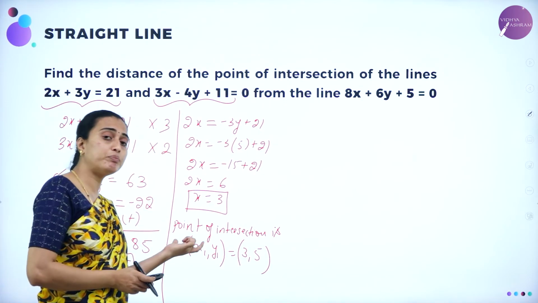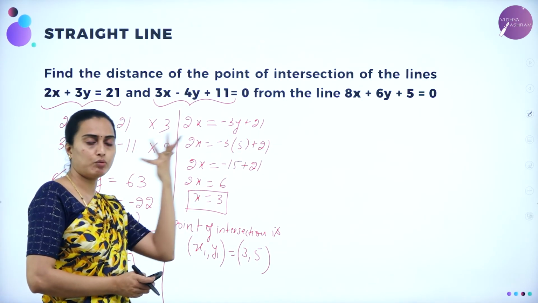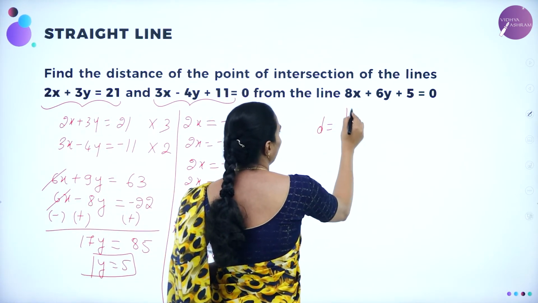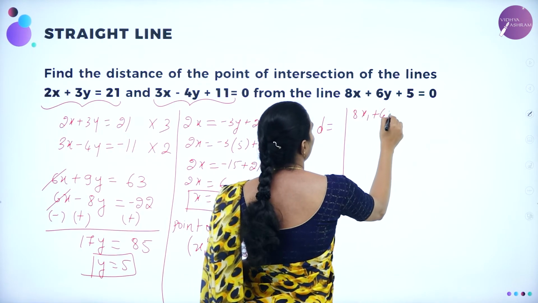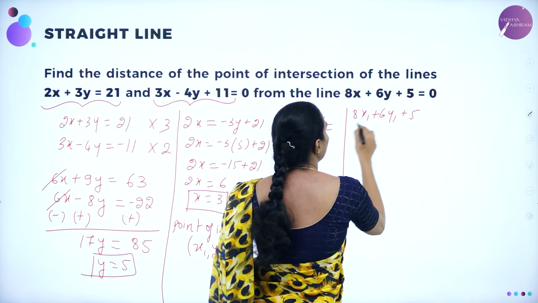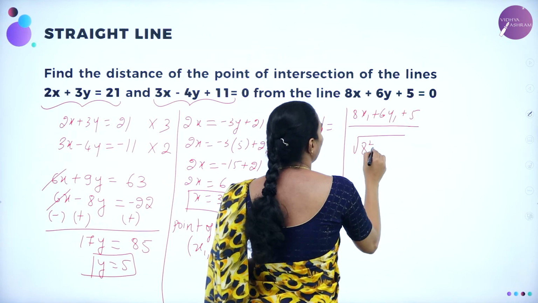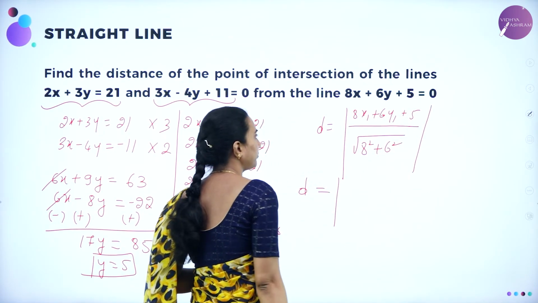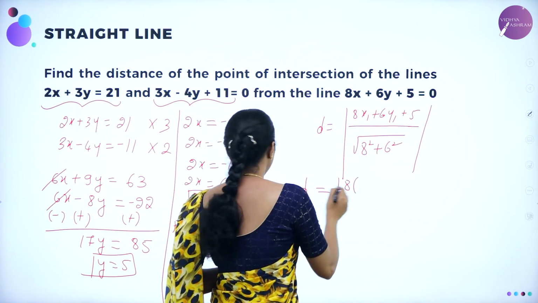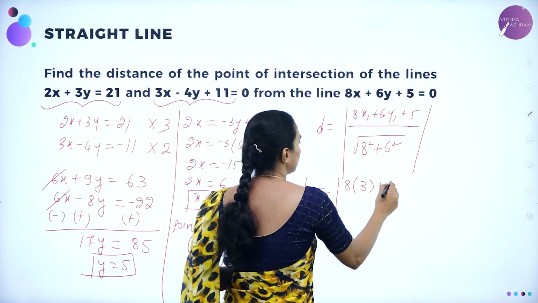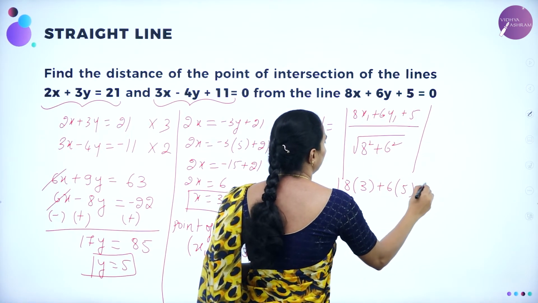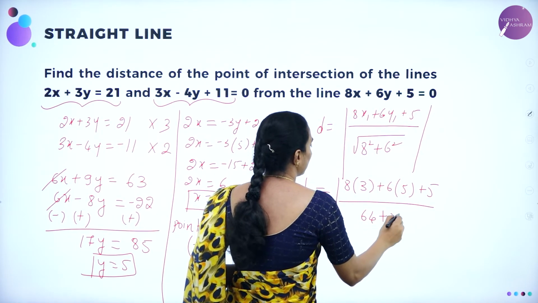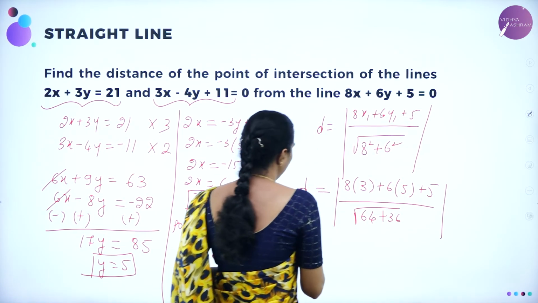Now here, from this point to a perpendicular line, what is the formula? D is equal to modulus of 8x1 plus 6y1 plus 5 divided by square root of 8 squared plus 6 squared, which implies D is equal to 8 into x1 value 3 plus 6 into y1 value 5 plus 5 divided by square root of 8 squared is 64 plus 36, which will become 100 in the denominator.